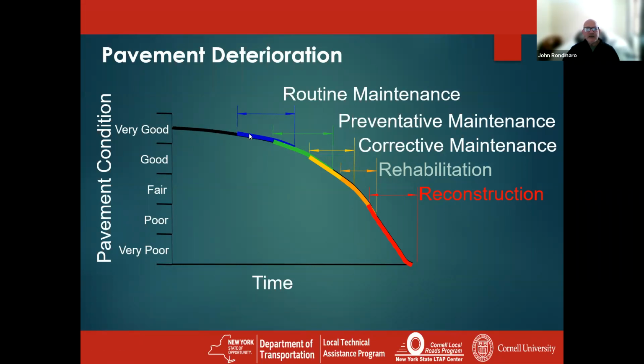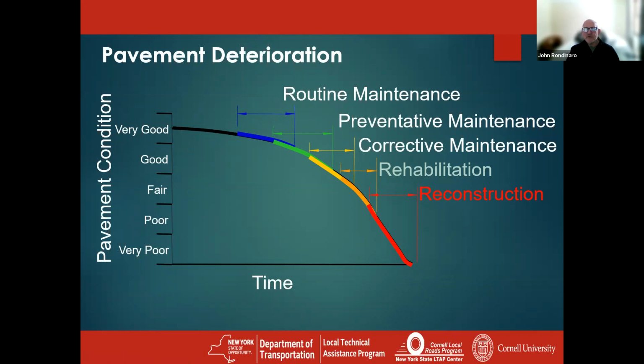And then as we go down the line, we're going to be looking at corrective maintenance, things like patching or larger crack repairs. And also in the preventive maintenance category, I said primarily crack sealing, but we're also talking about our thin wearing courses. Once that pavement deteriorates to a less than good condition, though, you're starting to look at rehab and reconstruction.